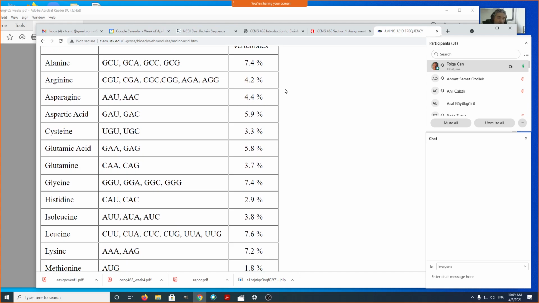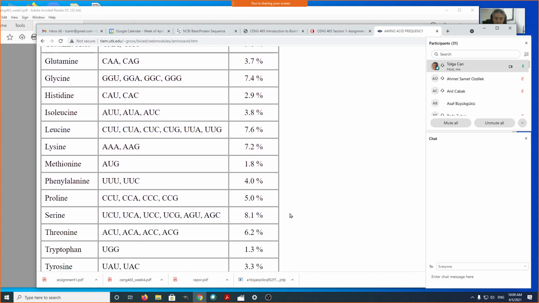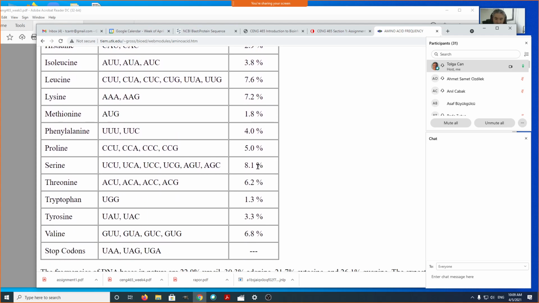As you can see, 1/20 is 5%. If they were all equally likely, we would see 5% each. But some of them, like serine, are observed more. Tryptophan, that W, is 1.3.